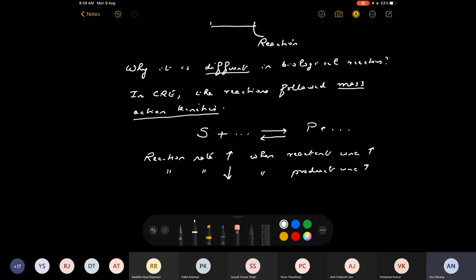So this is the principle. If you increase the reactant concentration, the reaction rate goes up. If you increase the product concentration, the reaction rate goes down. This is the general rule governing the reactions that you have seen so far.